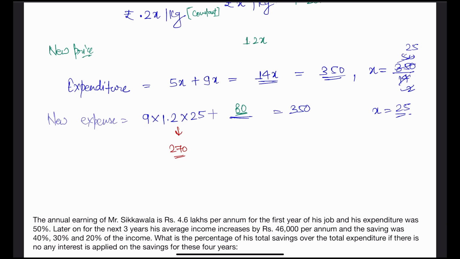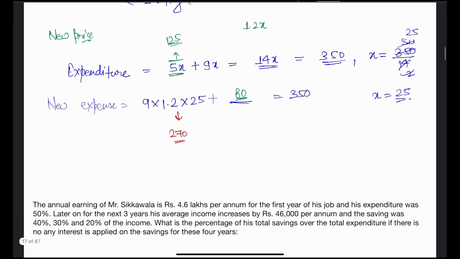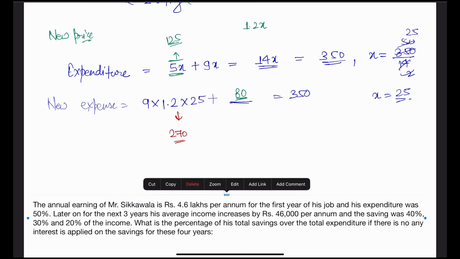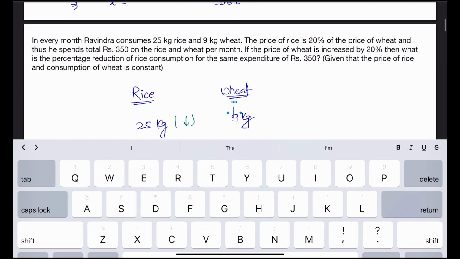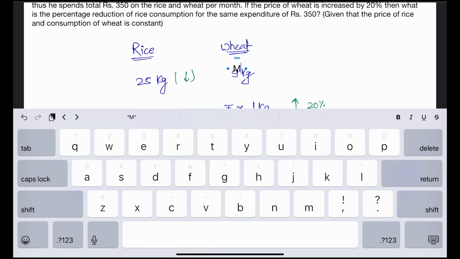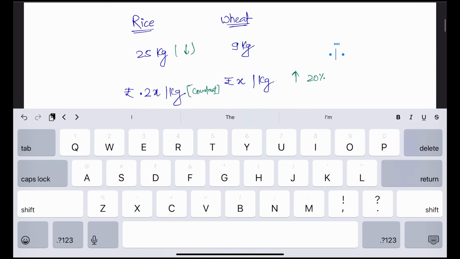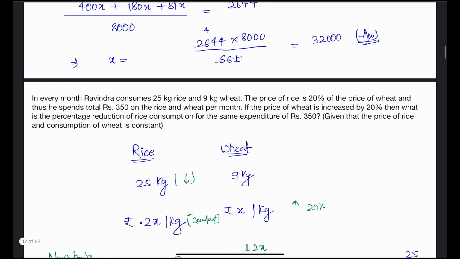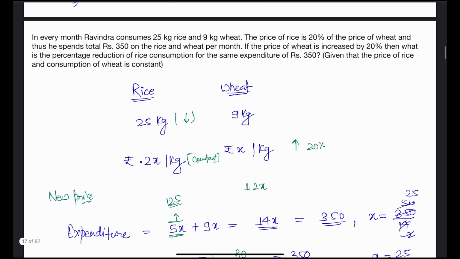So again, one I can think of it previously, how much he used to spend 125, right? Previously used to spend 20. So consumption decrease will be, because the price is same, so we can use the same method. So the question is saying, what is the percentage reduction of consumption?